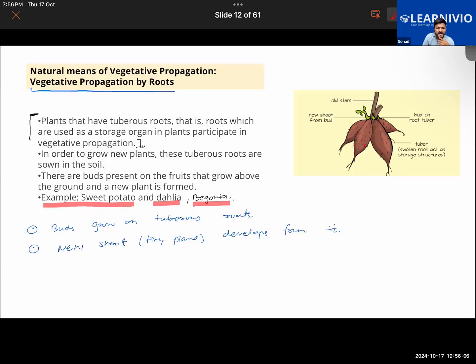But that does not mean they will not absorb nutrients from the soil. They will absorb nutrients from the soil also. As you can see, there are tiny root hairs on this. Can you see the tiny root hairs? So it is still a root, but modified. The extra function performed by it is acting as a storage organ. Okay, write down this thing quickly.